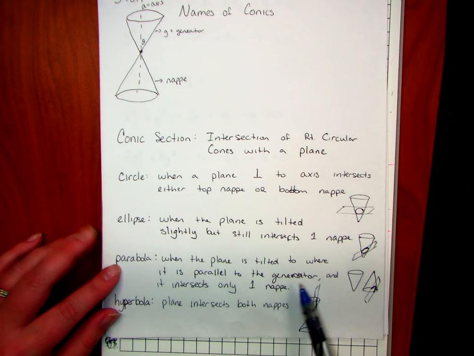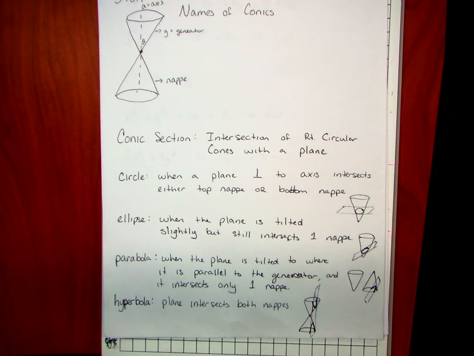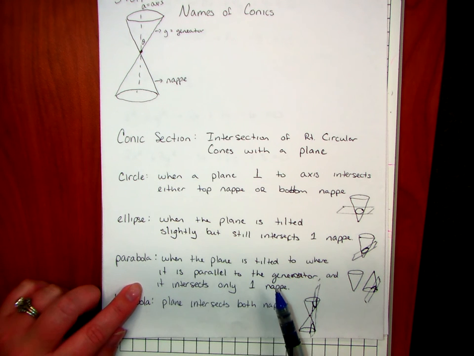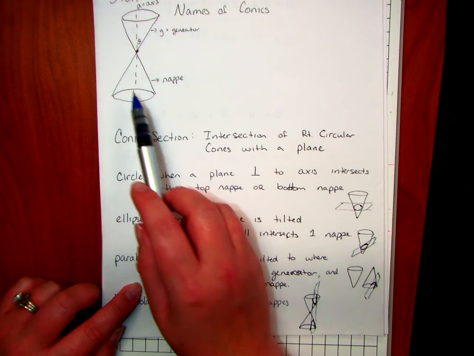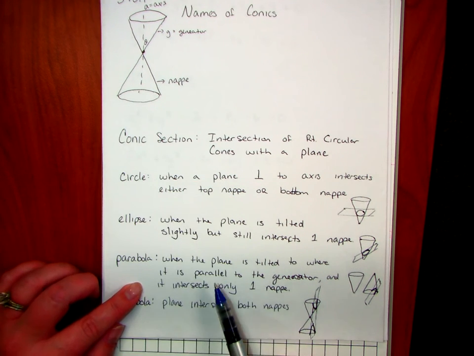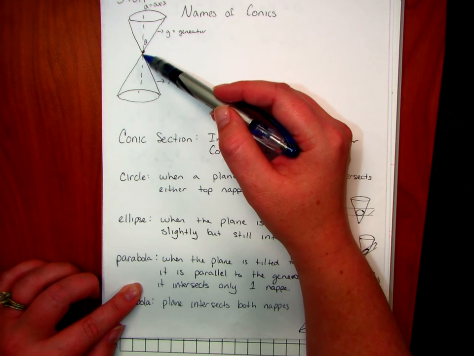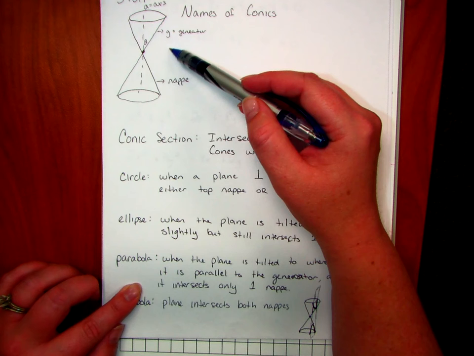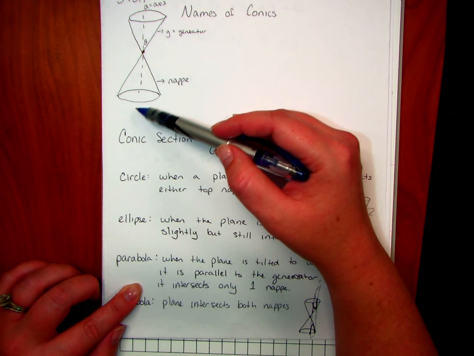Now, a parabola is the third kind of conic section. So to form a parabola using this apparatus, we're going to tilt the plane to where it's parallel to the generator, right? So here's our generator. We're going to take a plane parallel to that, and we're going to intersect.